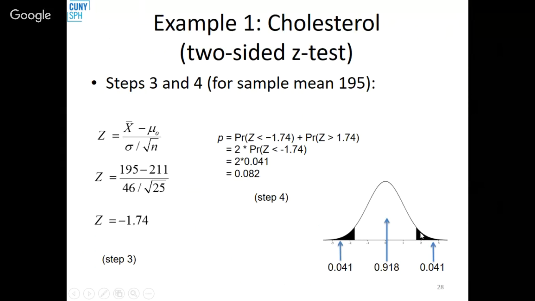And then add to that the probability of a positive Z value greater than 1.74, and that doubles the probability. So it's 0.041 or 4.1% in each tail, and we get a probability of 0.082. So this is the p-value.